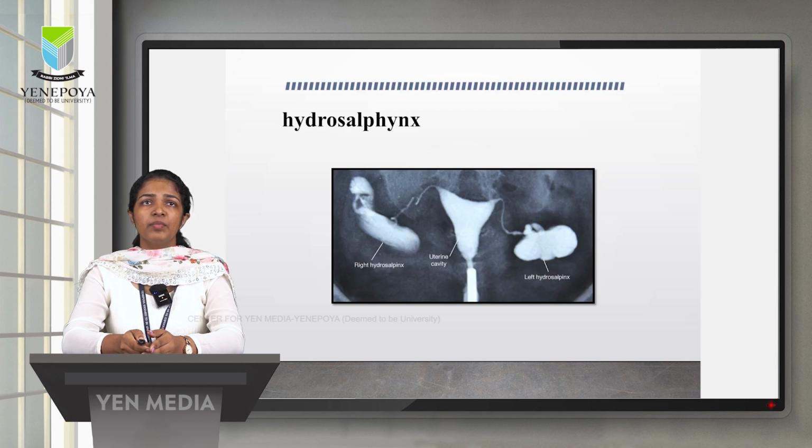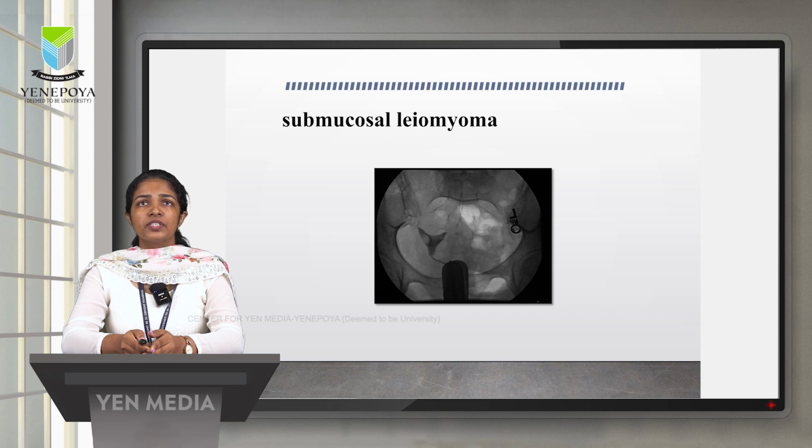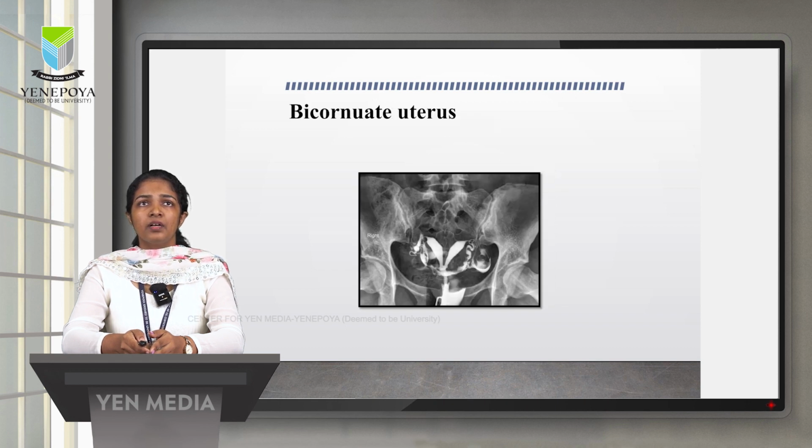This is the image which shows the condition hydrosalpinx on both sides of the fallopian tube. Submucosal leiomyoma is the condition of fibroids which can be seen in the uterus. Bicornuate uterus is a malformation of the uterus.